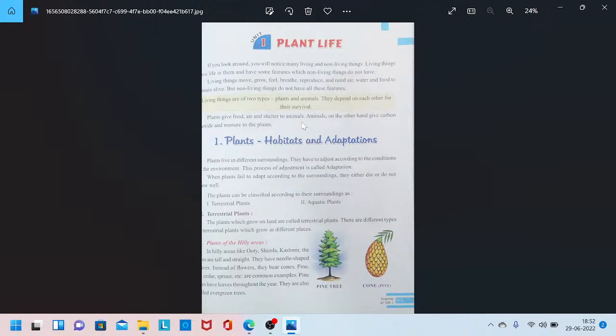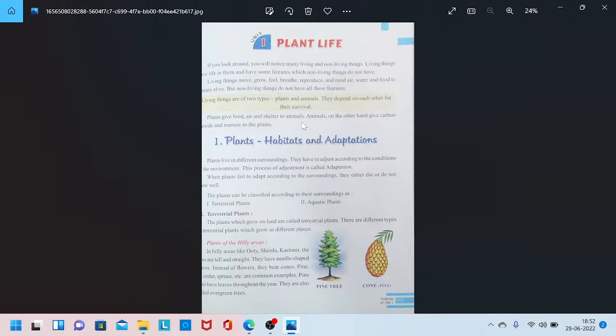We depend upon leaves, we also eat leafy vegetables. The animals also depend upon the leafy vegetables. So they each need the other's help. Plants and animals depend upon each other to live on the earth, to be alive.